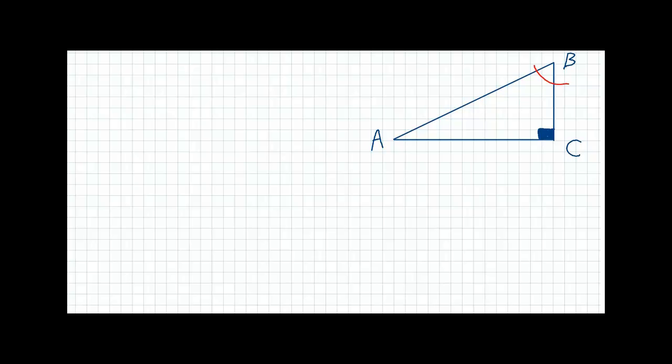Sometimes you will be given that cosine of angle B is equal to 0.4602, and you are asked what is the measurement of angle B. To find that, you can also use the calculator, but in the opposite way.